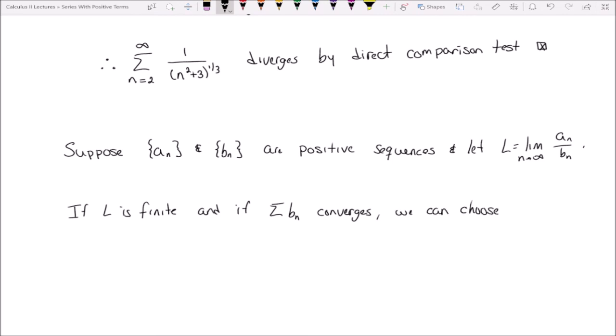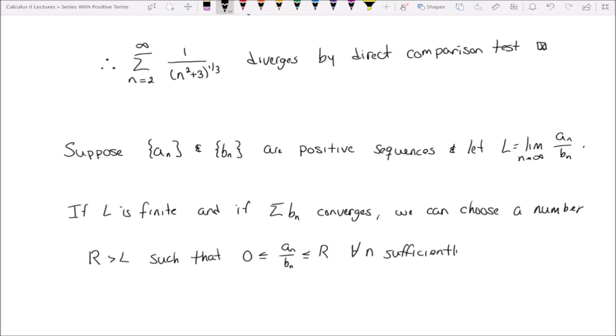we can choose some number R which is larger than L such that 0 is less than or equal to a sub n over b sub n, which is less than or equal to R, for all n sufficiently large. Notice what this means.